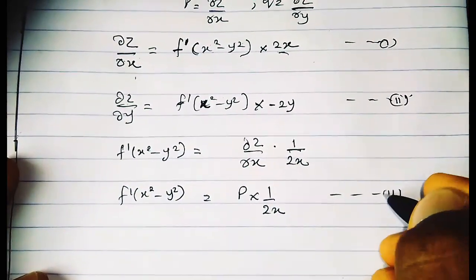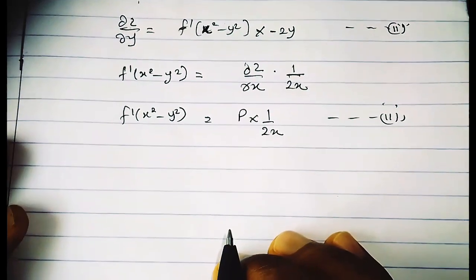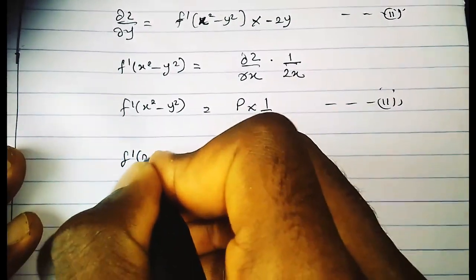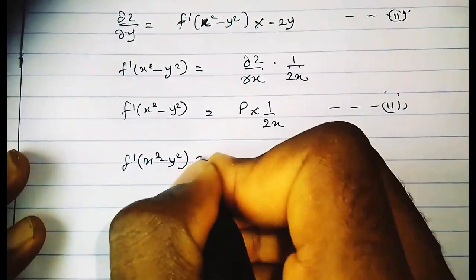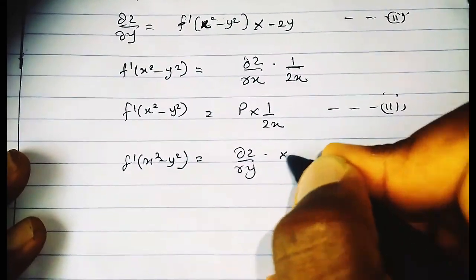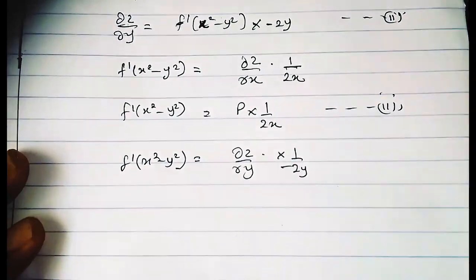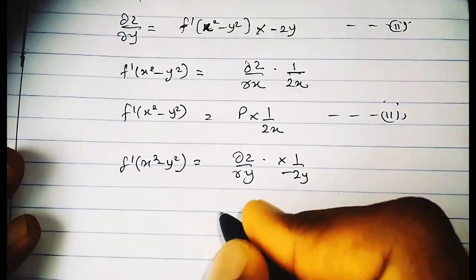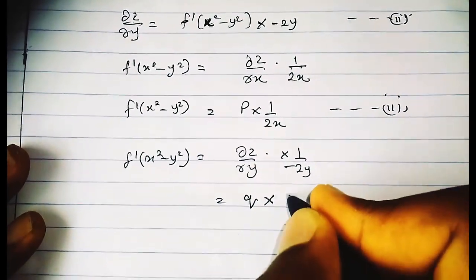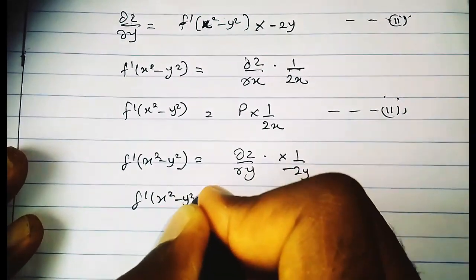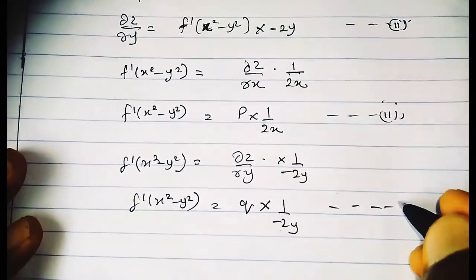So this is my function in equation 1. Let's call this equation 3. My function of x squared minus y squared in equation 2, let's make it the subject of the formula. This will be dz/dy divided by minus 2y. Since dz/dy is q, we can say q times minus 1 over 2y. Let's call this equation 4.